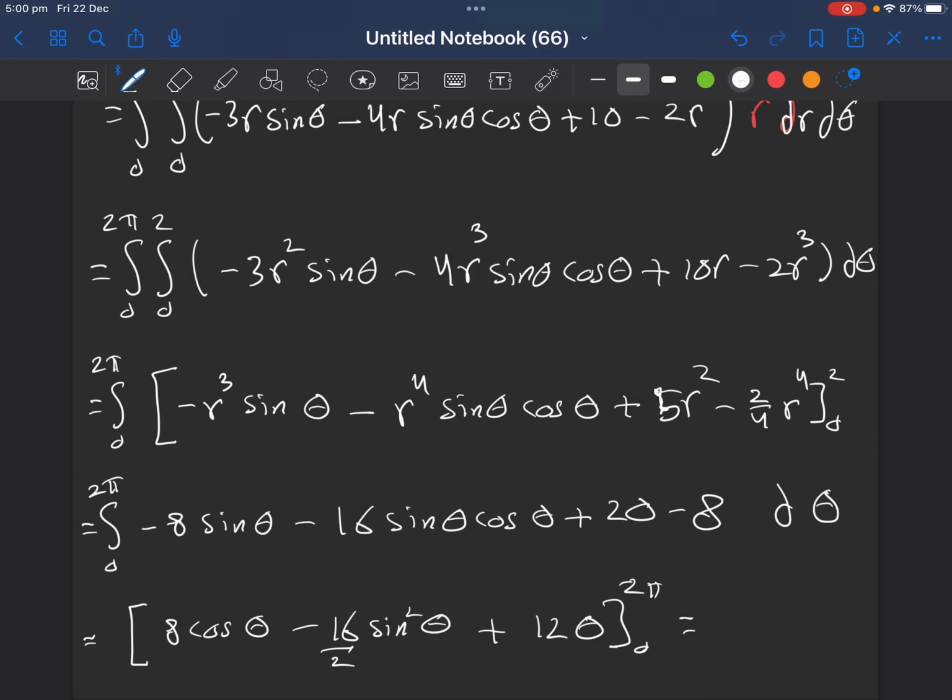And if we do the calculation, now substitute, this will be just 12 times 2 pi.